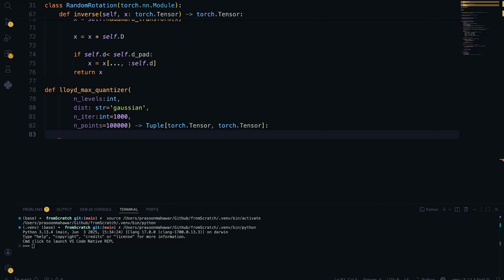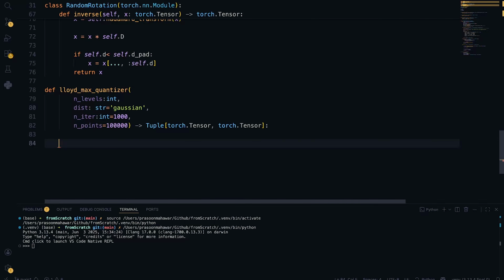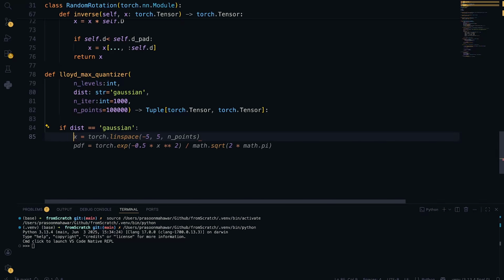So first thing, it will check if dist equals Gaussian, then it will have samples equals torch dot random. Correct, this is correctly done by AI.